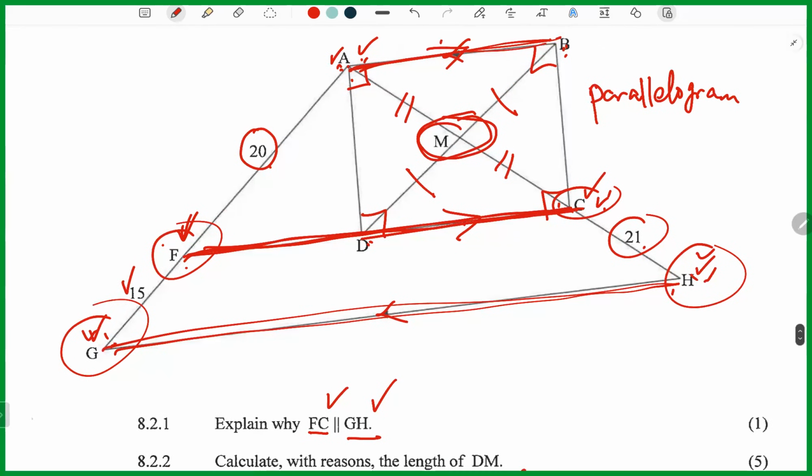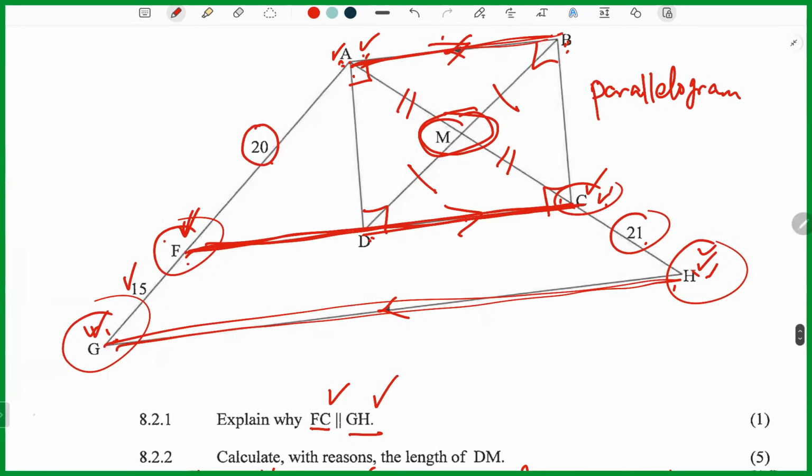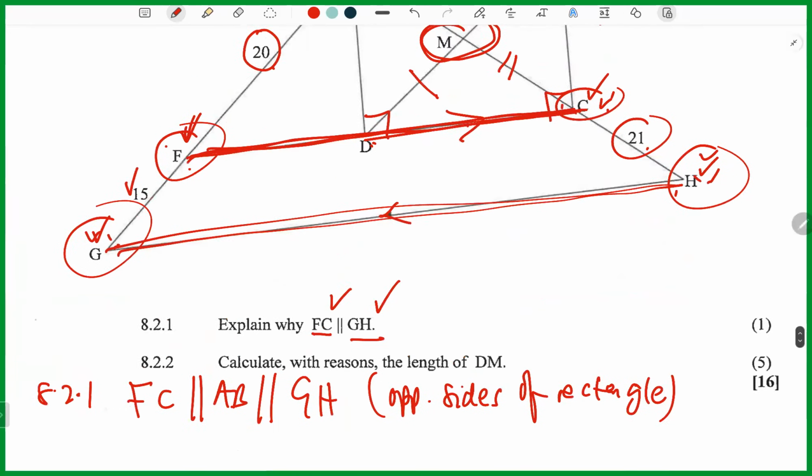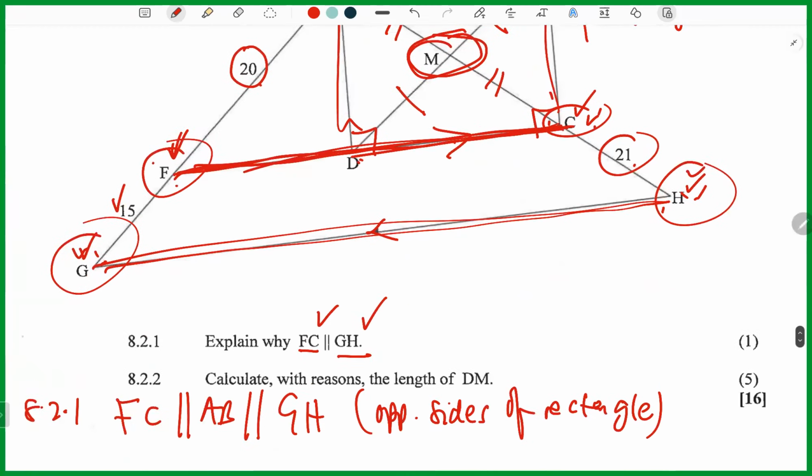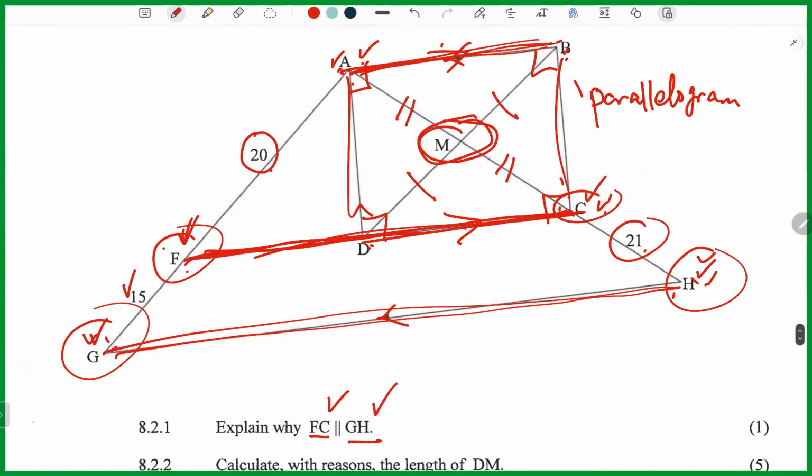Right, obviously the reason is that first and foremost, FC itself is parallel to AB, because they are opposite sides of this rectangle. And then we know that AB is parallel to GH. Why is AB parallel to GH?